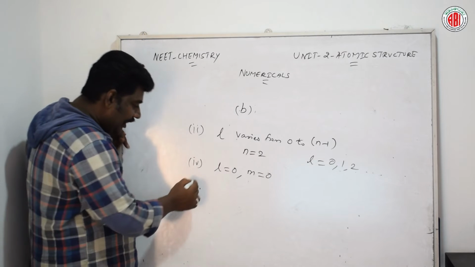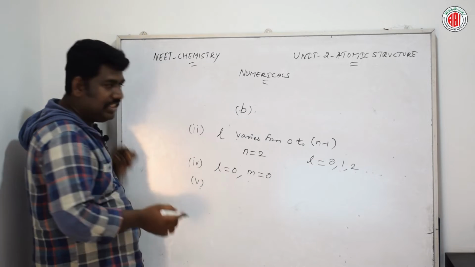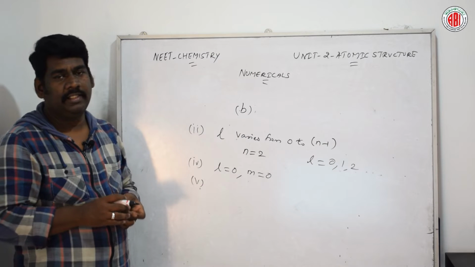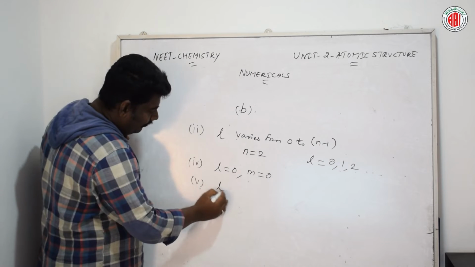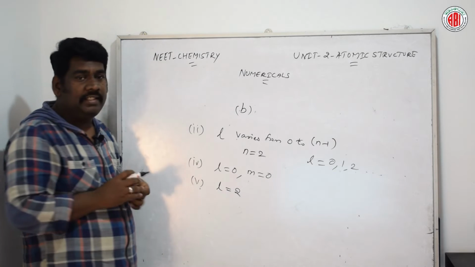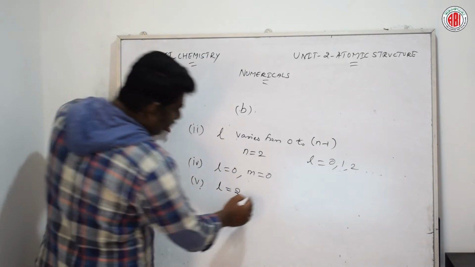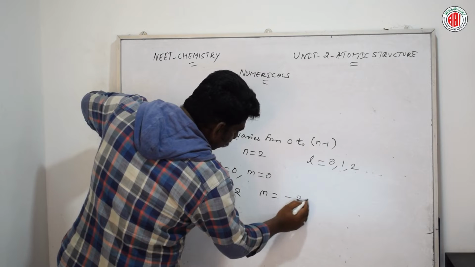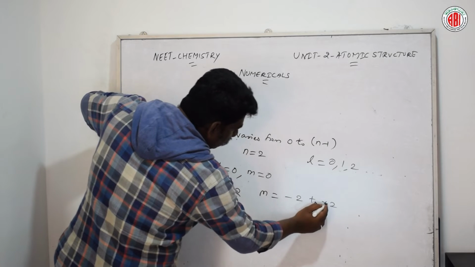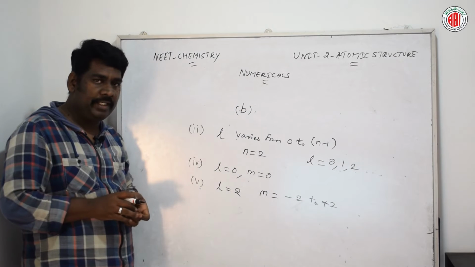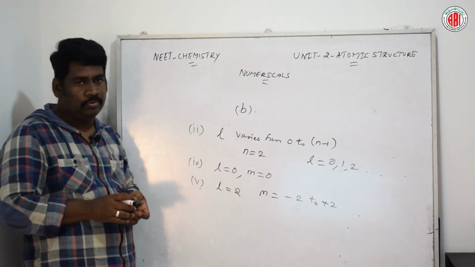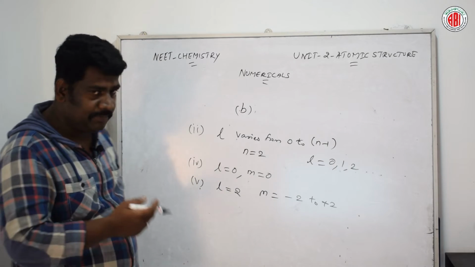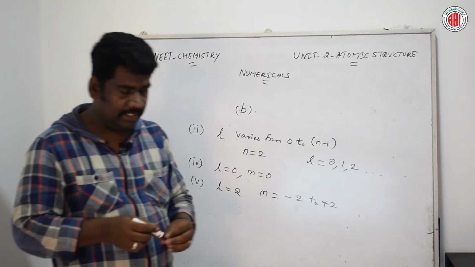And you can see the fifth one is also not possible. There you can see L value is equal to 2 and m should vary from minus 2 to plus 2: minus 2, minus 1, 0, plus 1, plus 2. So according to this particular question, option B is the right answer.